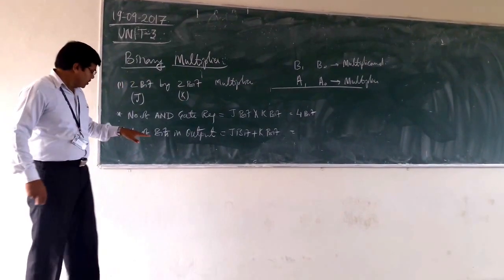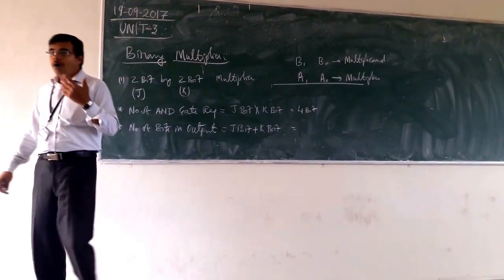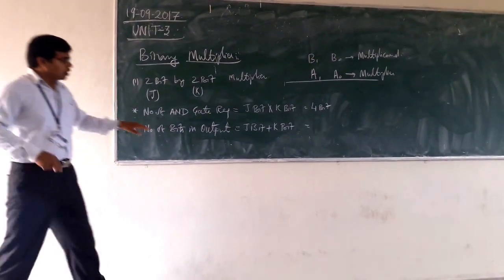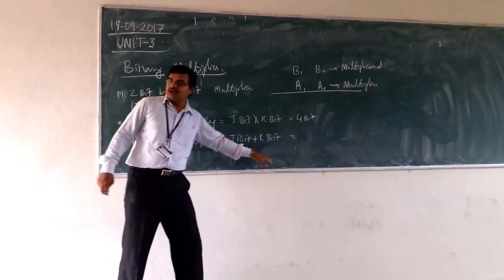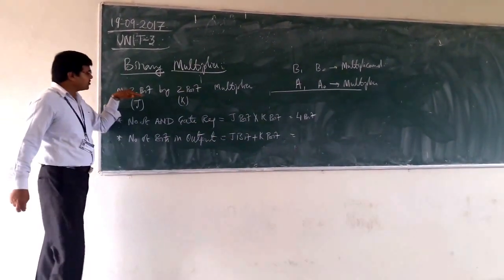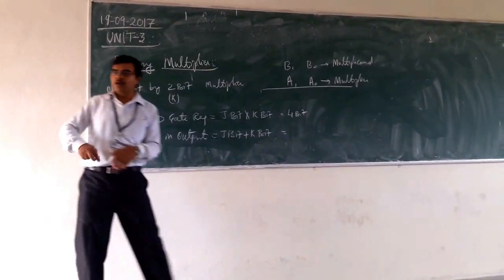And similarly, the number of bits in the output. So how many bits do you have in the output? That will be J bit plus K bit, the summation of these two. So in this case, as we are having 2-bit by 2-bit, you will have 4 bits in your output.